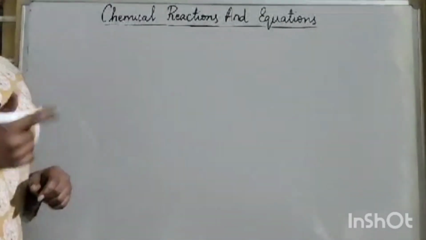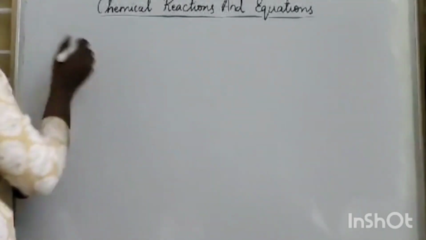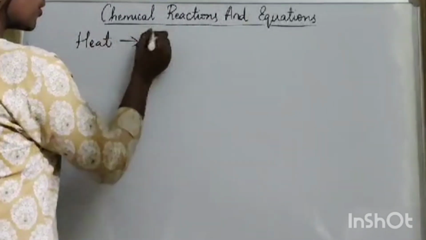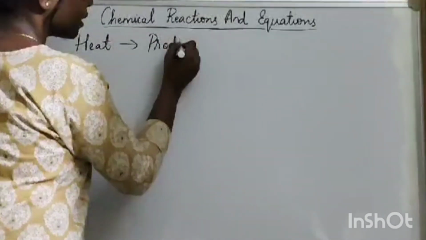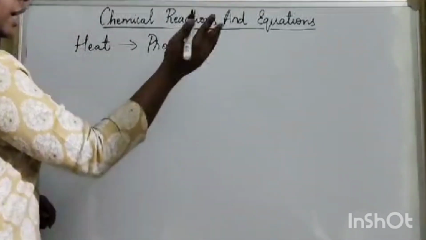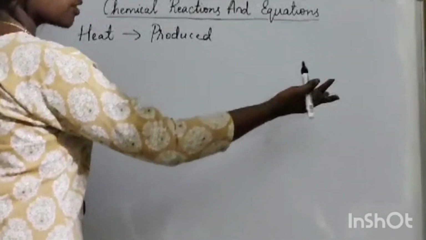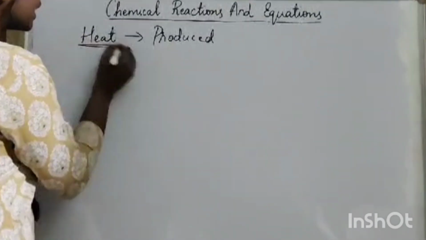So in the previous reaction we saw that heat was produced, correct? When quicklime reacted with water, it gave calcium hydroxide, which is slaked lime, and heat was produced.